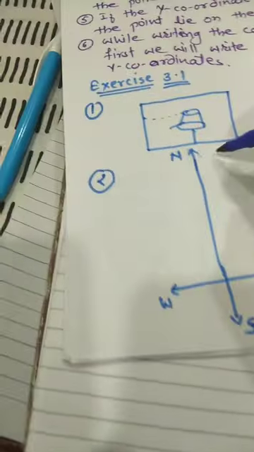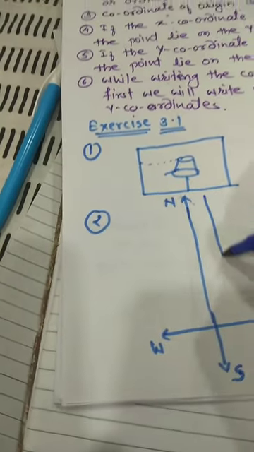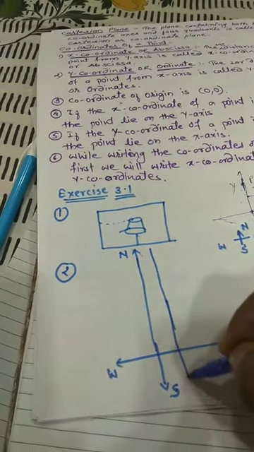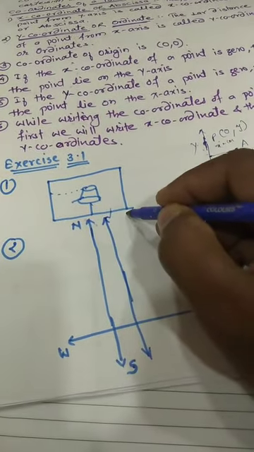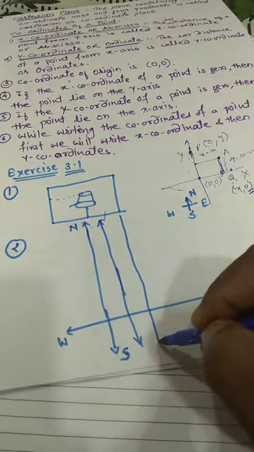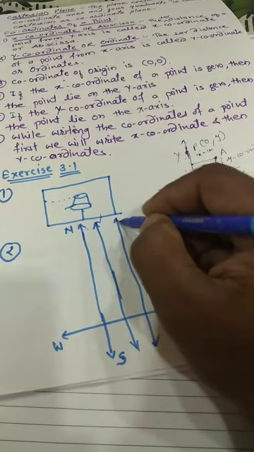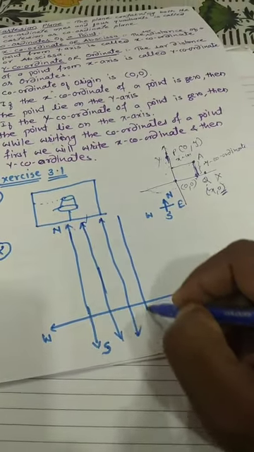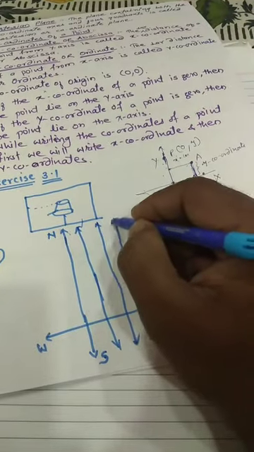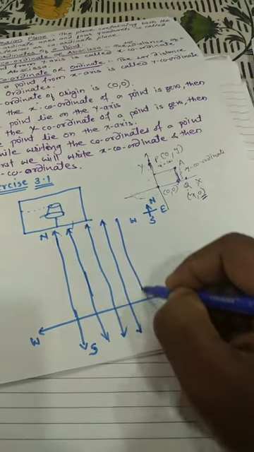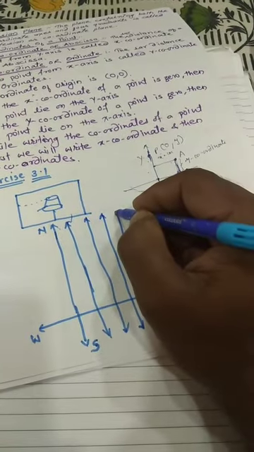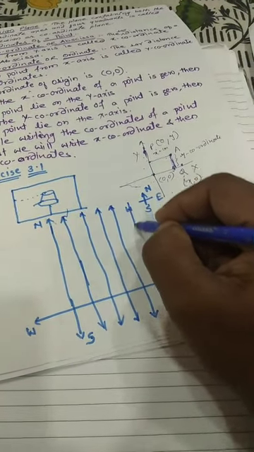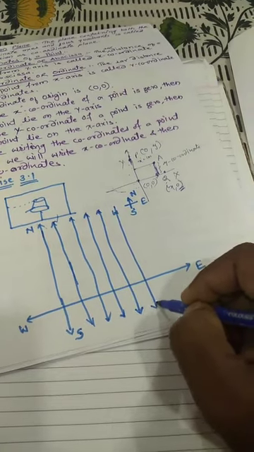So like this, we have to make 1, 2, 3, 4, 5.